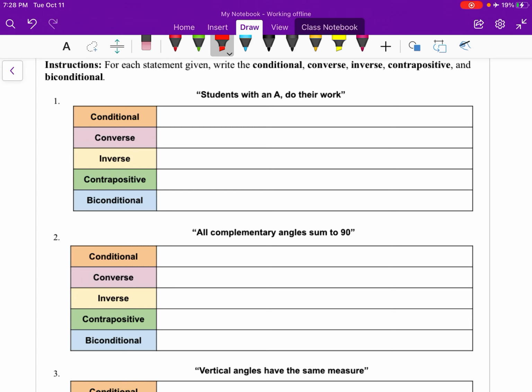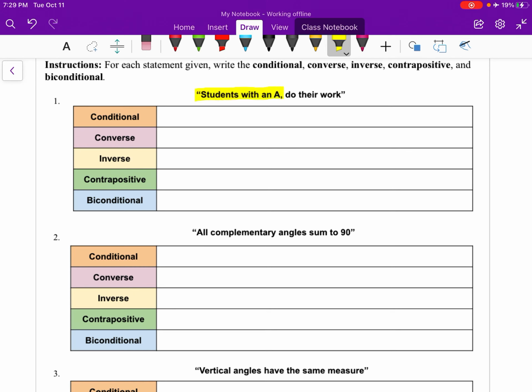But before we do that, we have to understand which part of our sentence represents P and which part represents Q. P always represents the first part or the first premise of our sentence.